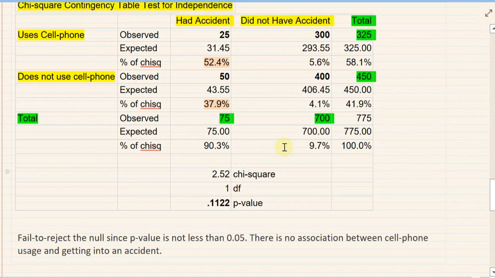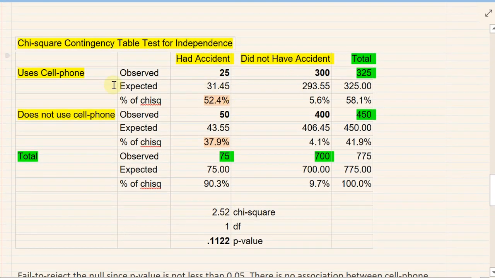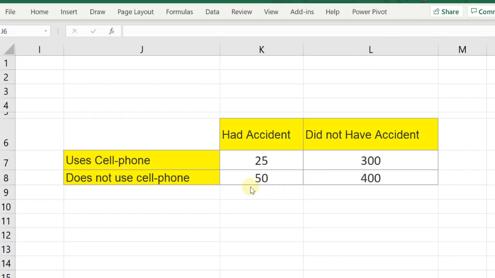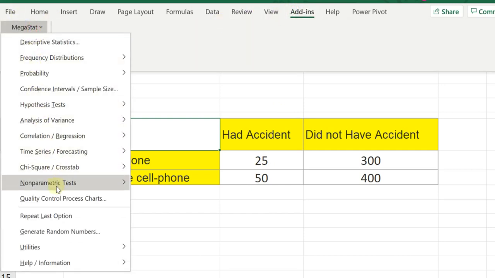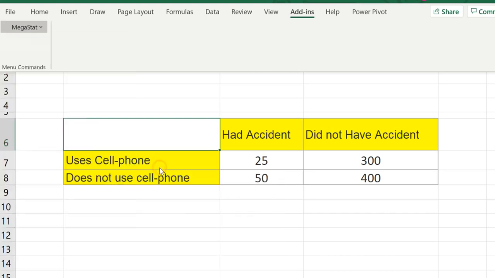Okay, so now let's go run this in Megastat. I'm going to pause and go to Excel. Okay, I'm in Excel now, and here you go. The data again, 2 rows, 2 columns, and these are the observed frequencies. We go to add-ins, click on Megastat, and go to Chi-Square Contingency Table.